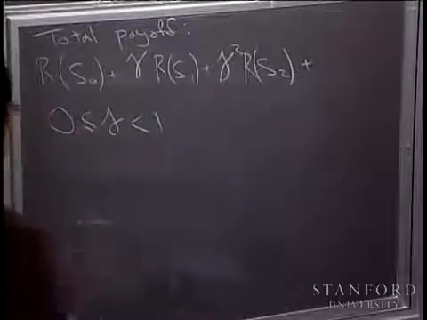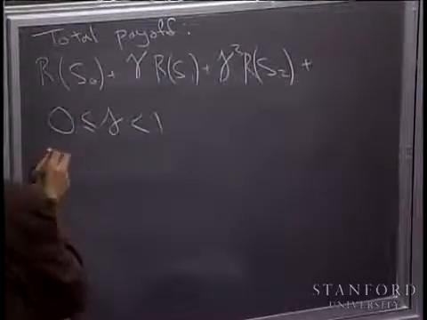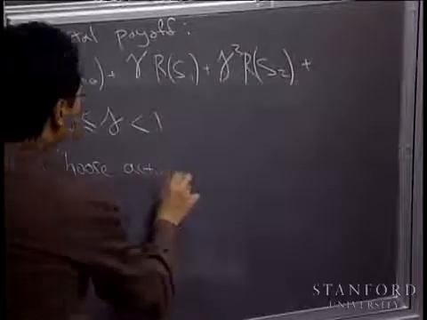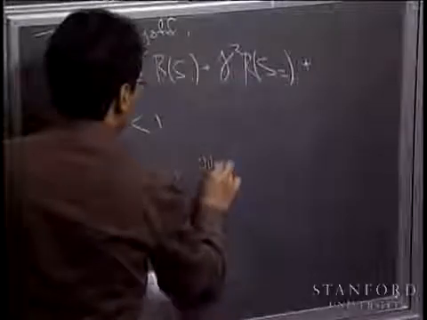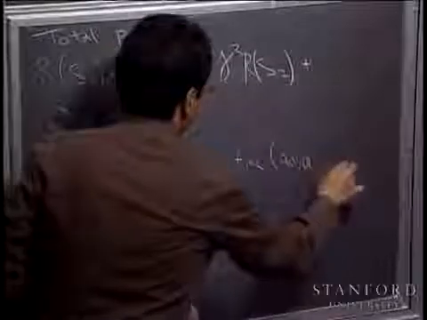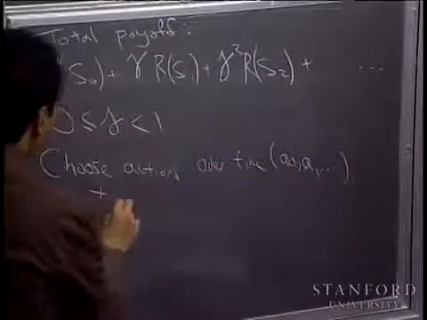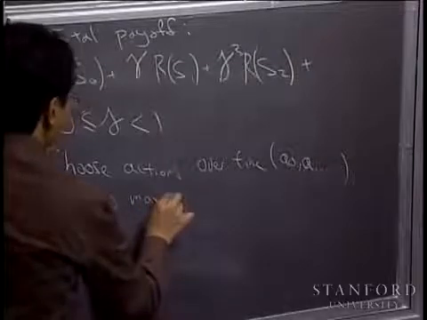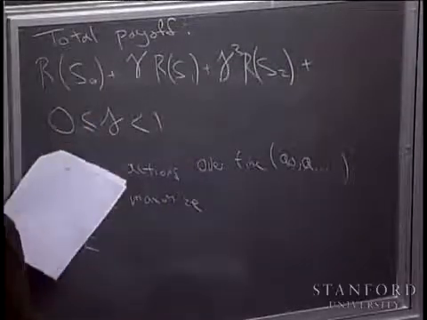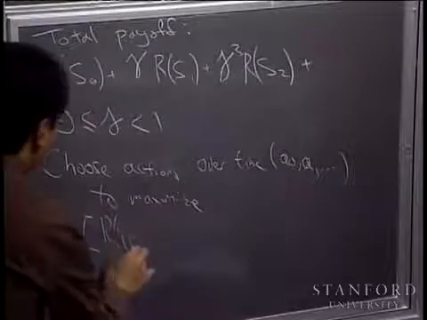And so the goal of the reinforcement learning algorithm is to choose actions over time, to choose actions A0, A1, and so on, to try to maximize the expected value of this total payoff.